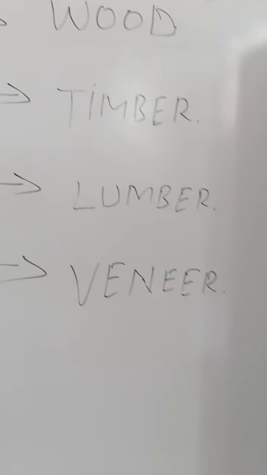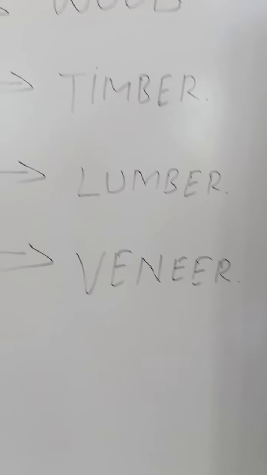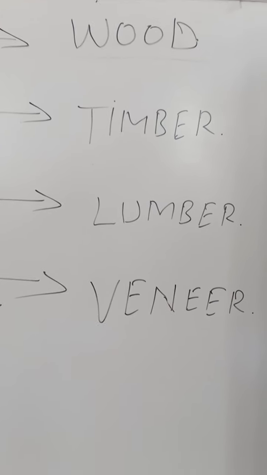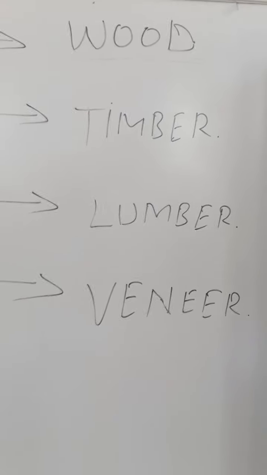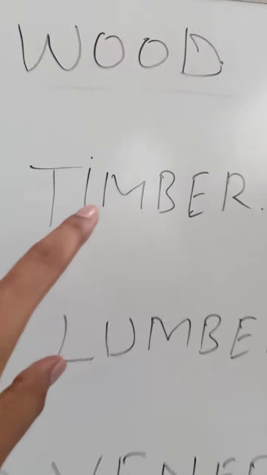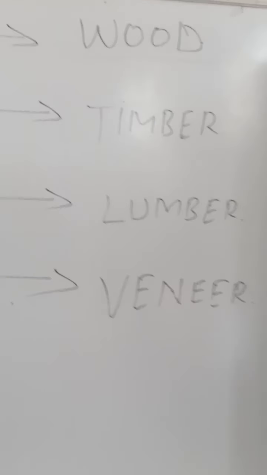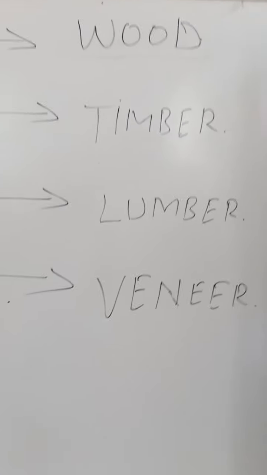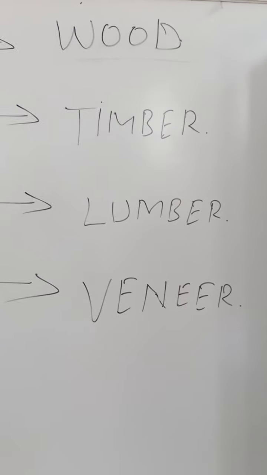When we convert this wood into an engineering usable form, we prepare this wood for engineering purpose, then it is known as timber. So we prepare timber from wood after proper seasoning process.